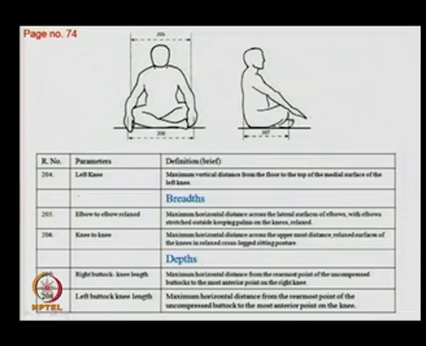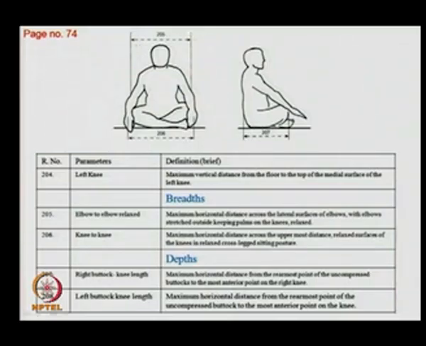Now, the left knee height is similar, and then the elbow to elbow relaxed dimension. Elbow to elbow relaxed dimension means, when we are sitting, keeping the two arms at the side of the knees, the distance from this knee position to that knee position, the knee to knee distance.